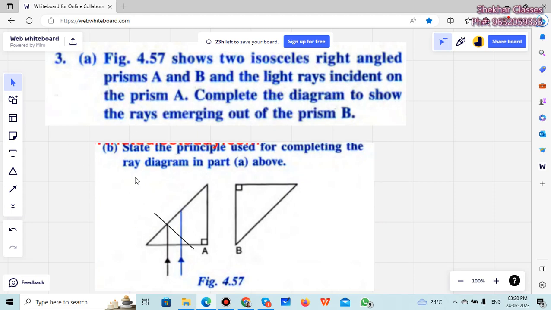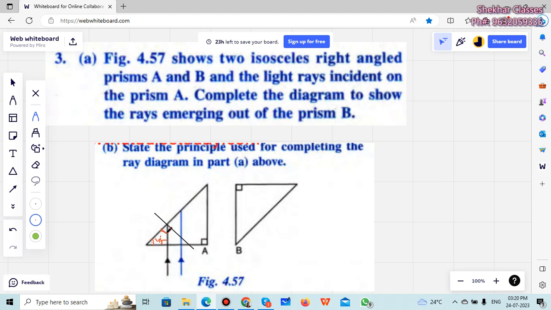Now you can see what is the total angle that we have in it. This is 90 and isosceles, so this will be 45 degrees, right? And the total is 90, so this angle is how much? Also 90 here. This is 45.